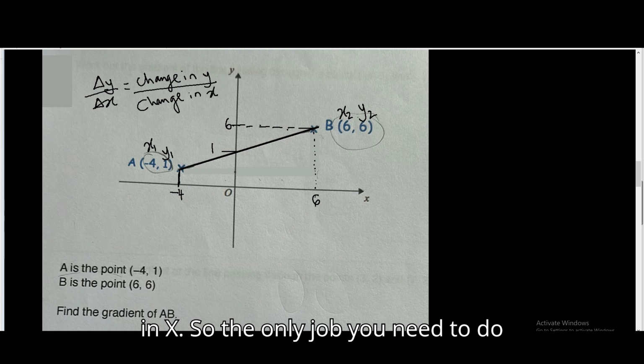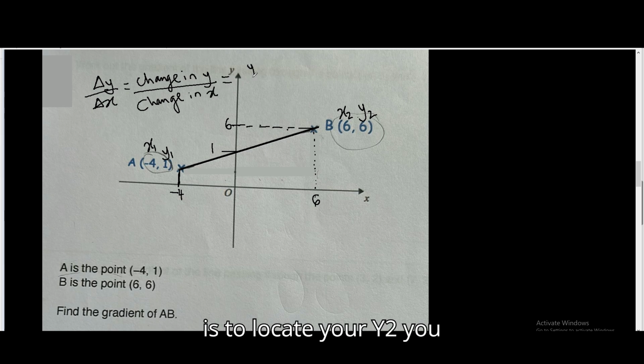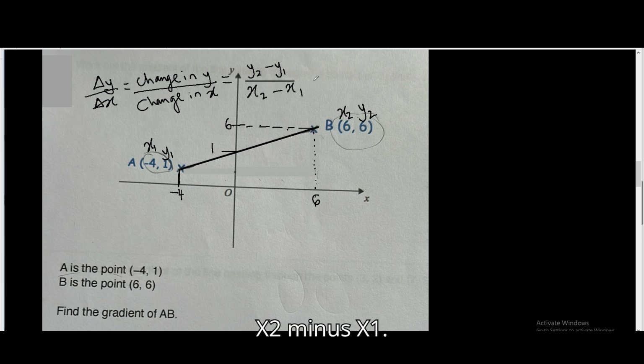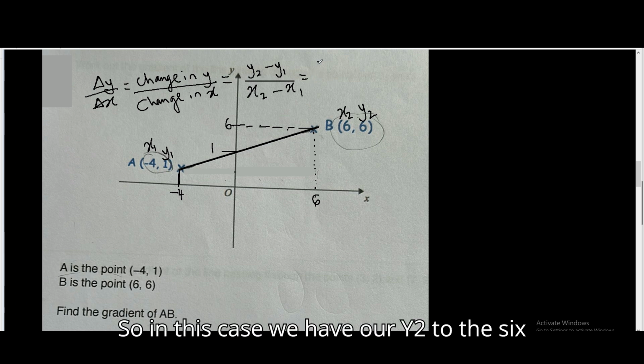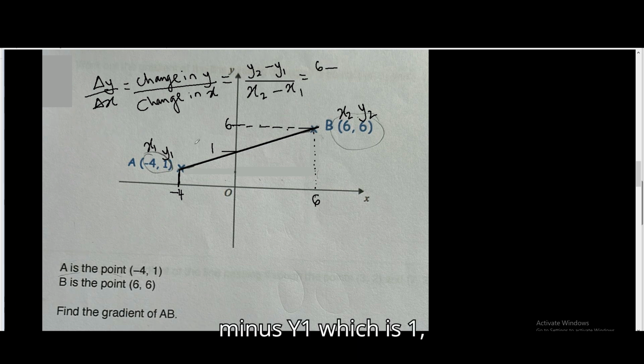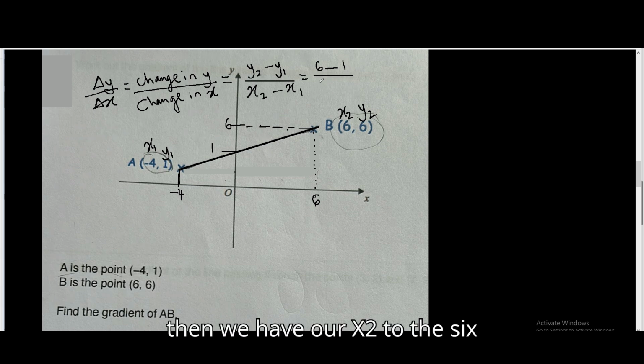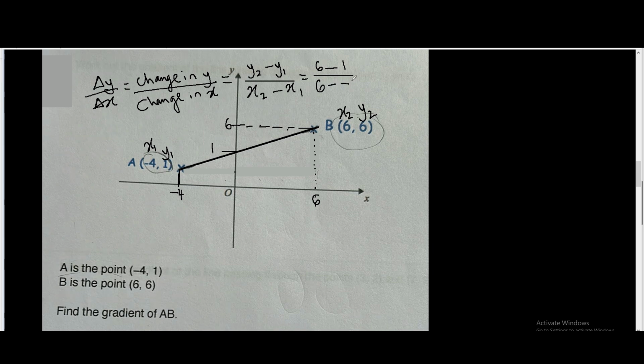The only job you need to do is to locate your y2 minus y1, then x2 minus x1. So in this case, we have our y2 to be 6 minus y1, which is 1. Then we have our x2 to be 6 also, minus x1, which is negative 4, because x1 is negative 4.